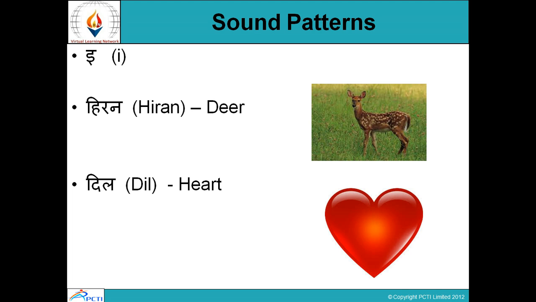It runs very fast, but is usually caught by wild animals like lion and tiger for its flesh. We call it deer. Deer is Hiran. On h we have this symbol of E on the left-hand side. It's a small sound, Hiran.